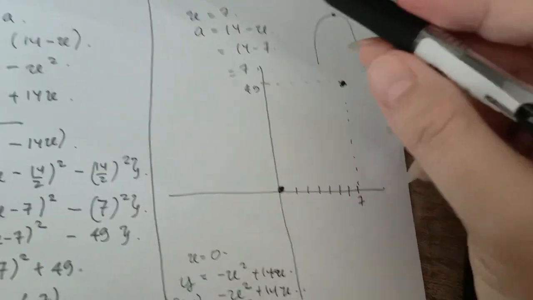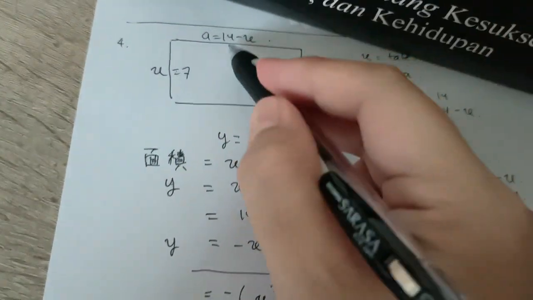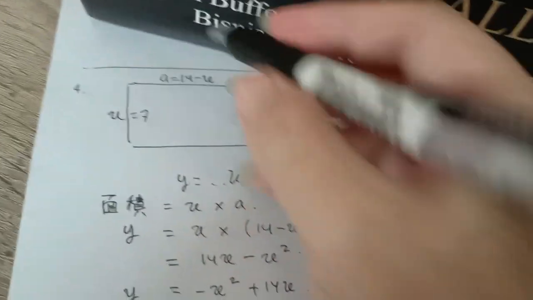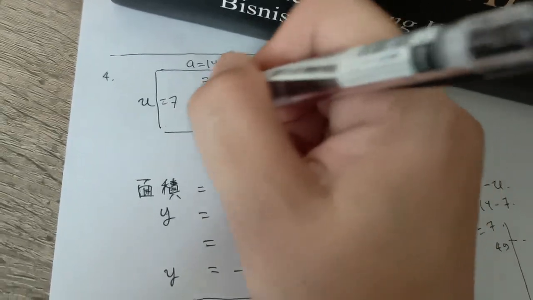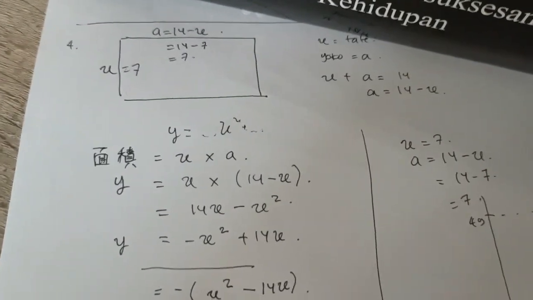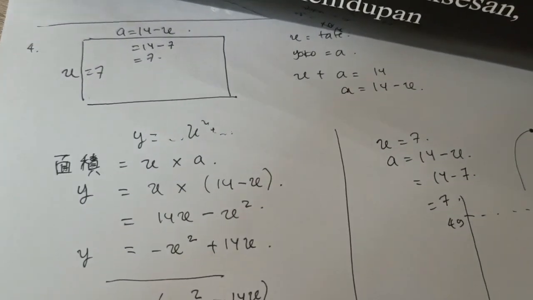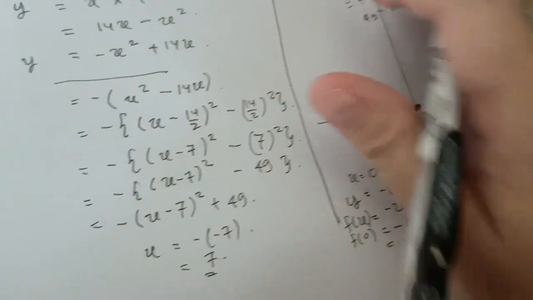So the x is 7. The a will be 14 minus 7, which is 7. This is the maximum area for the rectangular.